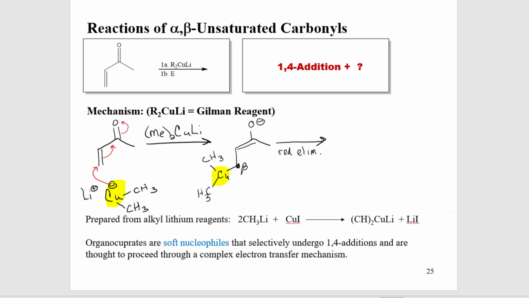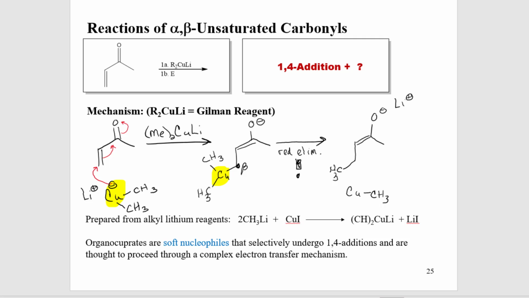So I'm kind of telling you the real story. The copper with the methyl leaves as a neutral species. The lithium is hanging out up here with the oxygen. So the methyl copper just goes away. That's the weird part.